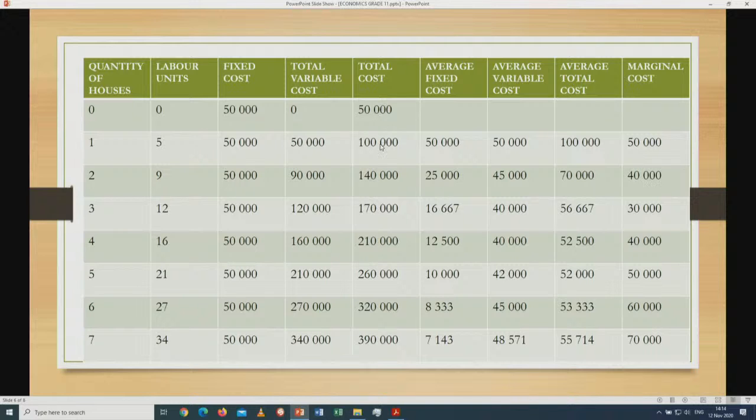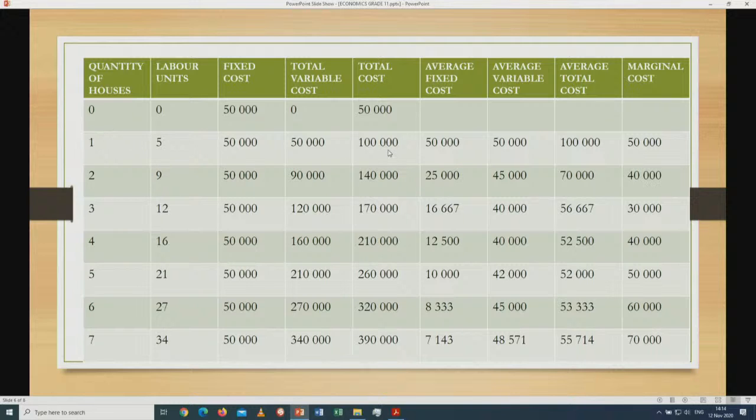And then, let me just go easy. We said it's the change in cost over the change in quantity. Now we'll have a bracket here where we have the 100 minus 50, which gives us 50. But we didn't have any house before this. So it is one house minus when we didn't have a house.